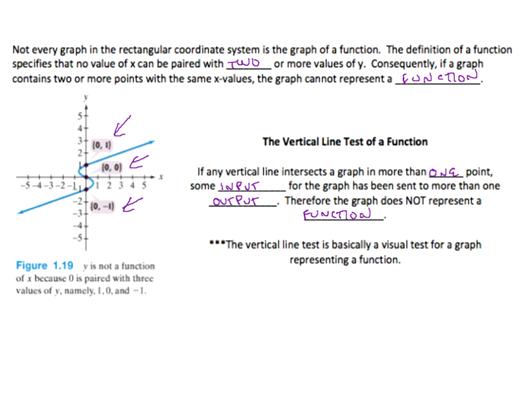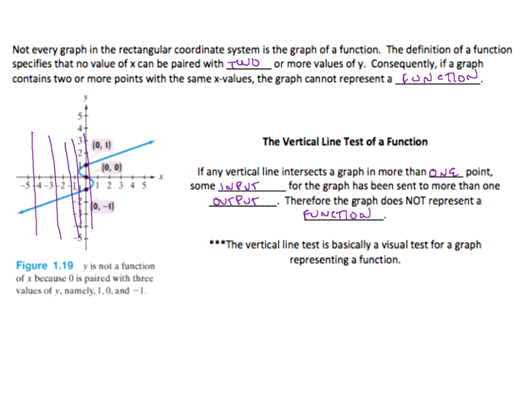So if I'm looking at this graph over here, this S-curve graph, here's how we do the vertical line test. We come in and we start drawing vertical lines. Okay, cross through one point, I'm good, good, good, good.